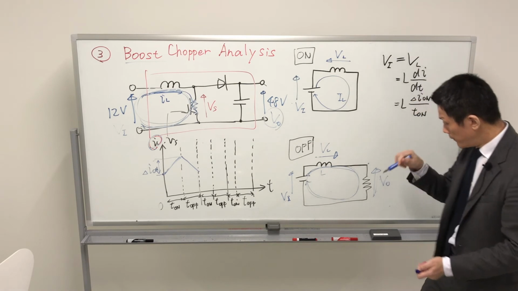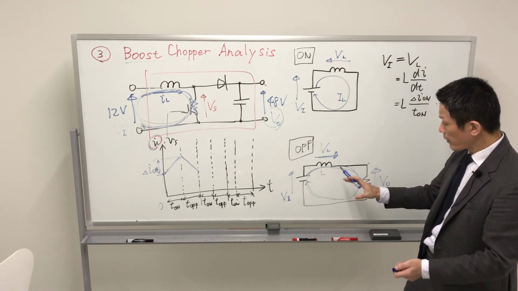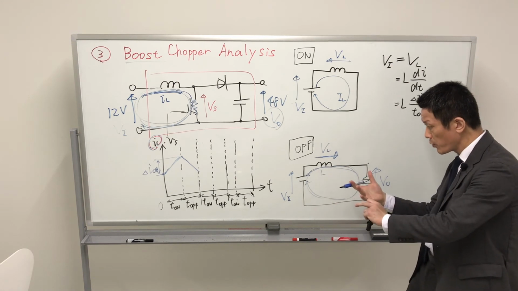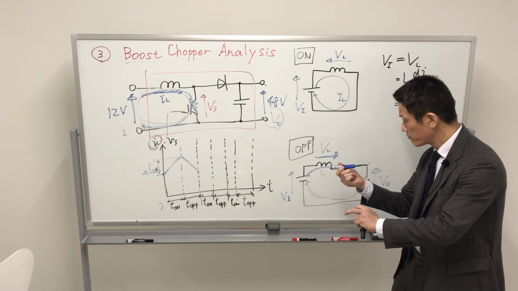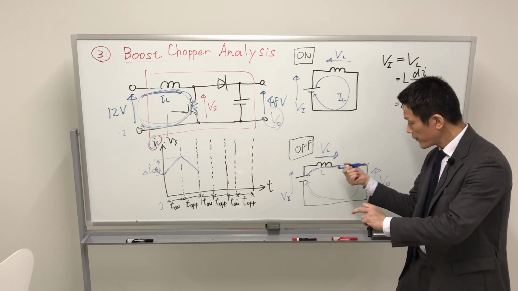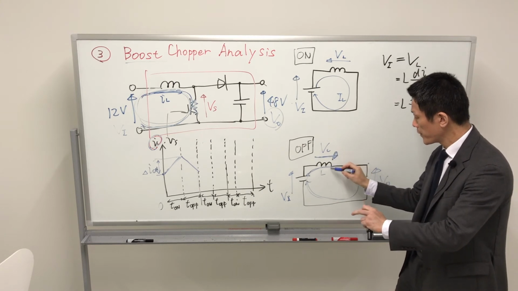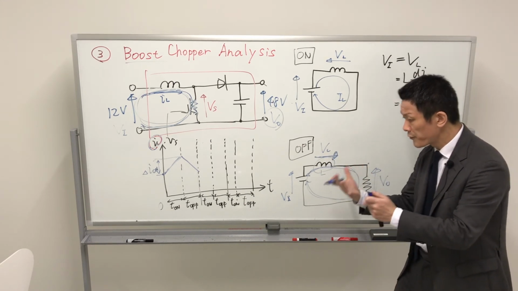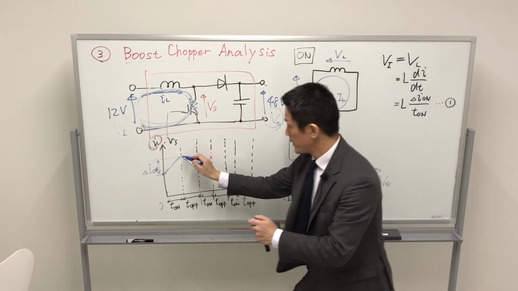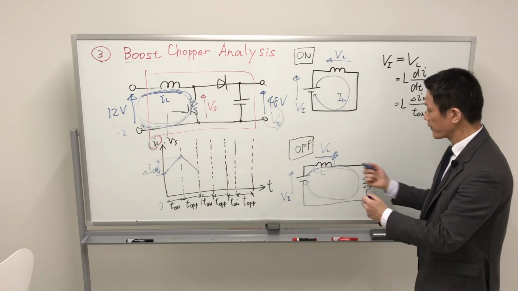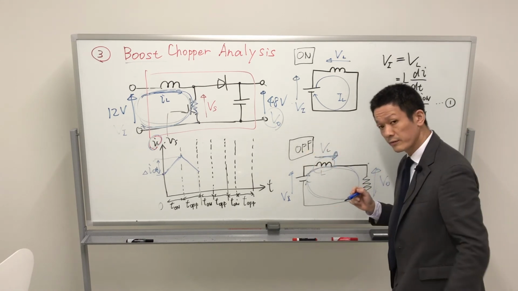Okay. So the current is decreased. From Faraday's law, this inductor wants to keep the current at the same value. So the current flows through in this direction.